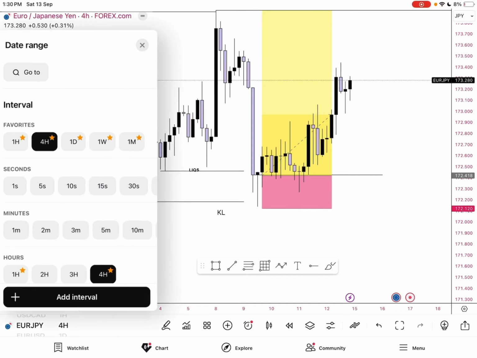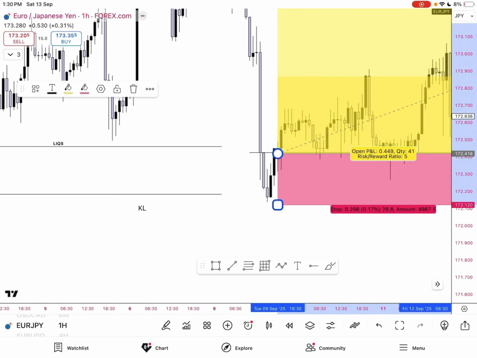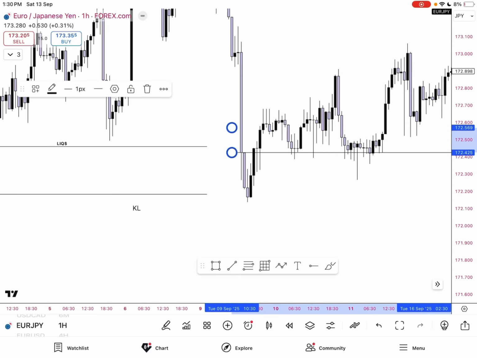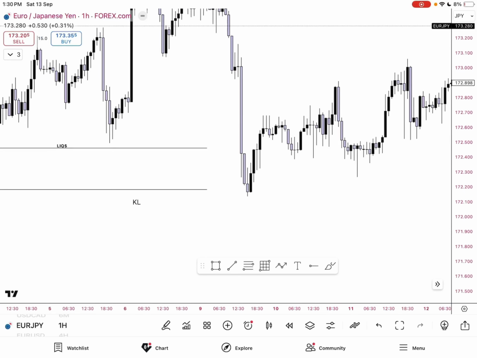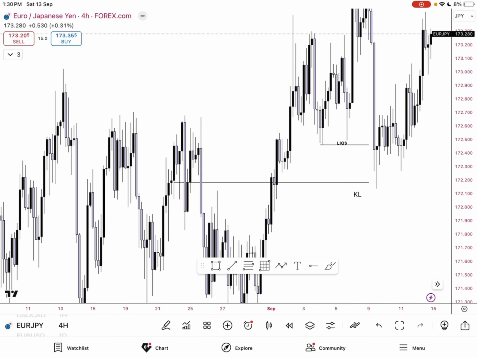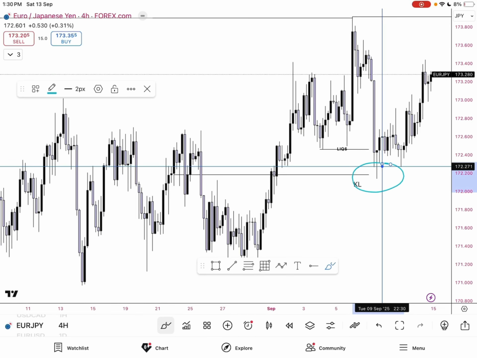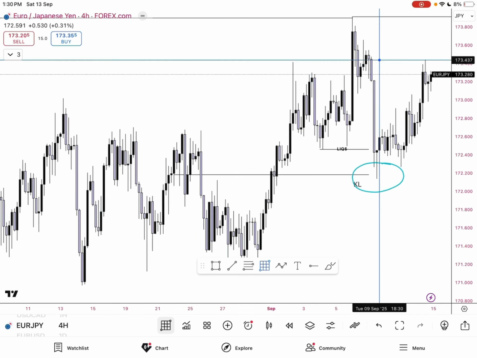This is one type of entry. Another type of entry is in 1 hour. Here you need to watch clearly. In 1 hour, the key level was triggered here. Where are the highs? Here are the highs.